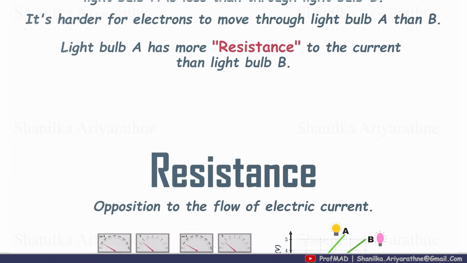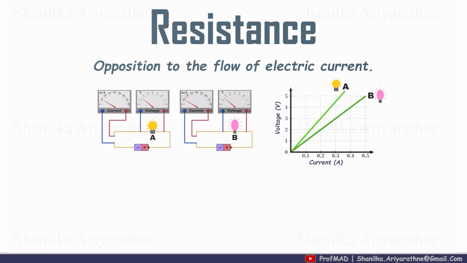This concept of electrical resistance is one of the most important ideas in electronics. Electrical resistance tells us how much a material opposes the flow of electric current. In other words, it measures how hard it is for electrons to move through something.